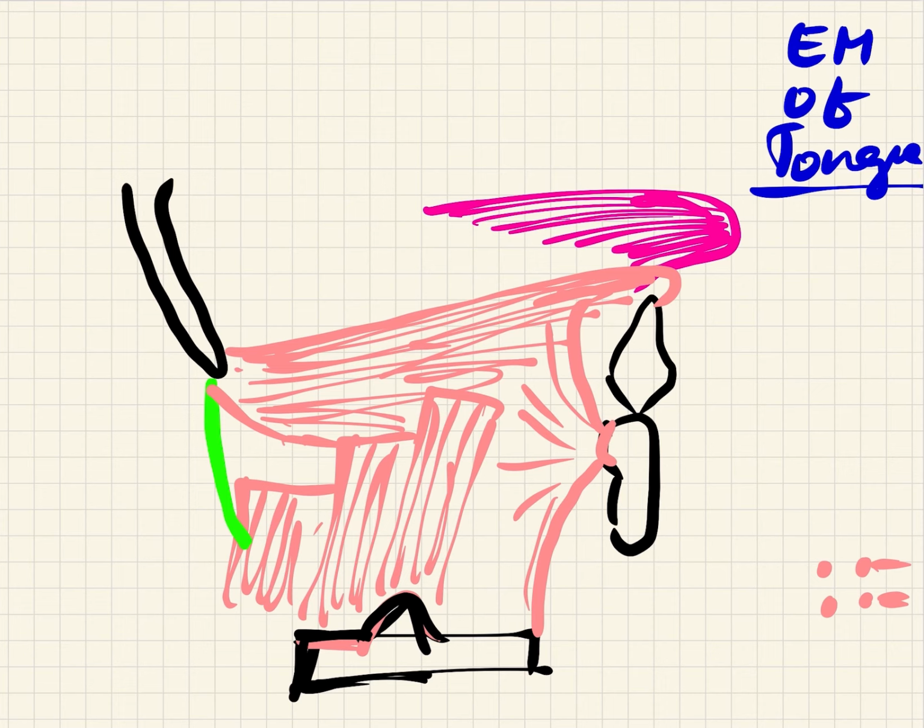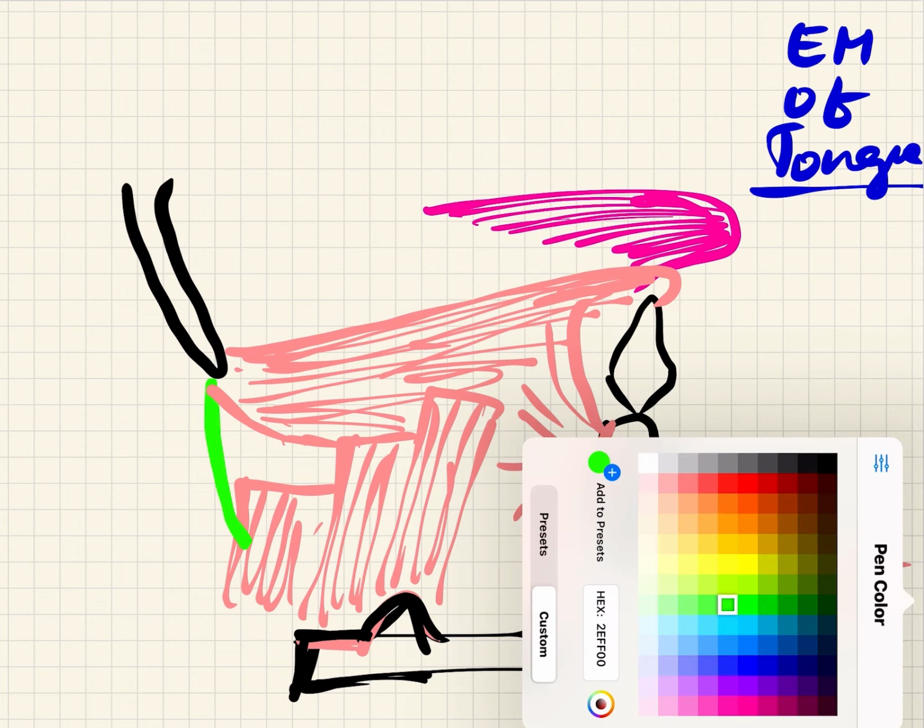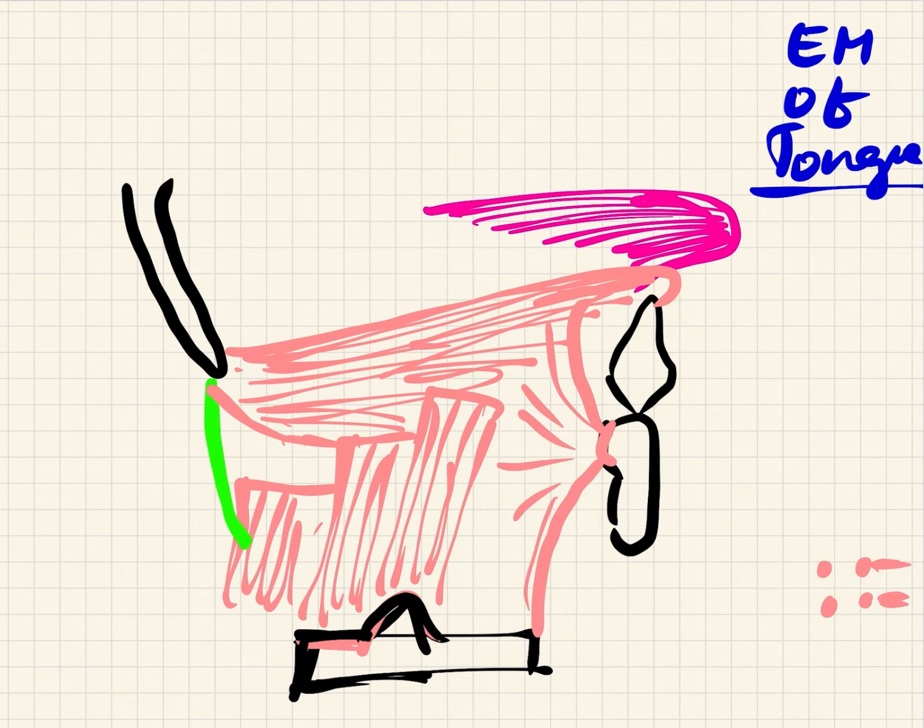And now, the palatoglossus. Again the name says it comes from the palate: a slender slip of muscle which arises from the oral surface of the palatine aponeurosis. It gets inserted on the side of the tongue at the junction between the anterior two-thirds and the posterior one-third.